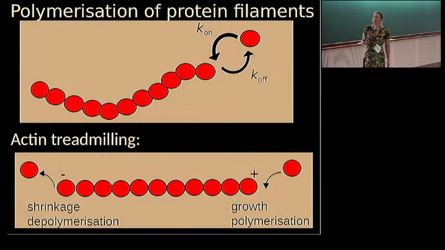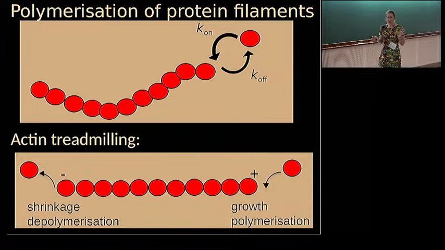Okay, so now I'd like to switch gear and think more about the polymerization of actin filaments. So actin filaments can polymerize by subunits adding on. They can depolymerize by subunits coming off. And as I said before, one end, which we call the plus end for convenience, grows more, and the other end shrinks more.